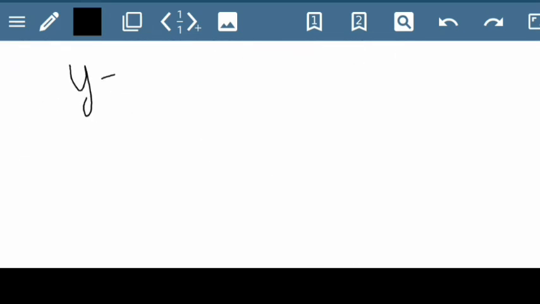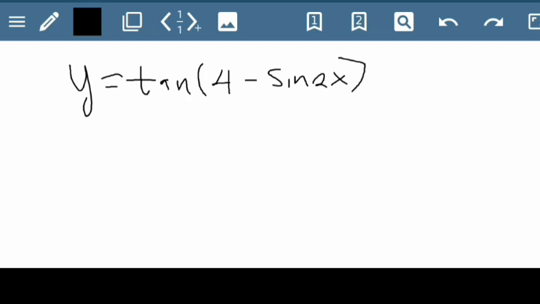So we have y being equal to tan, open bracket 4 minus sine 2x, then close. So what I'm going to do here, I'm going to let y, which is this one, be equal to tan u. So if I let y being equal to tan u, what does it mean?